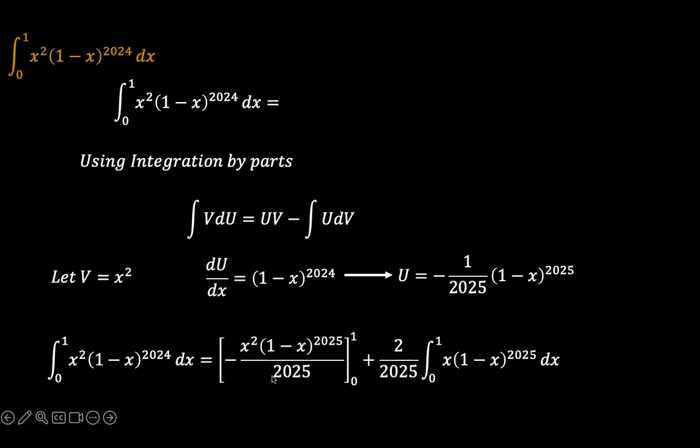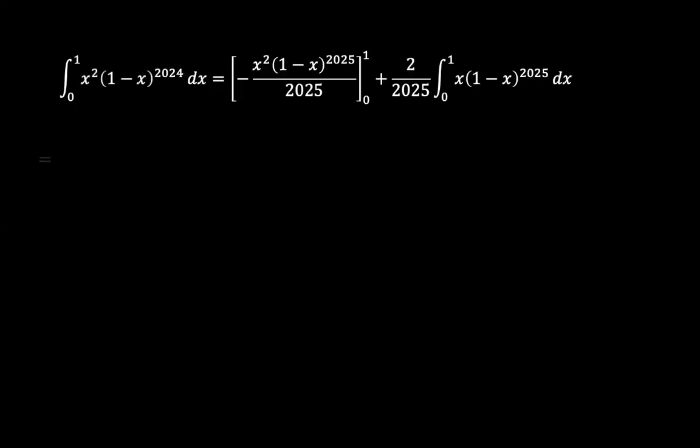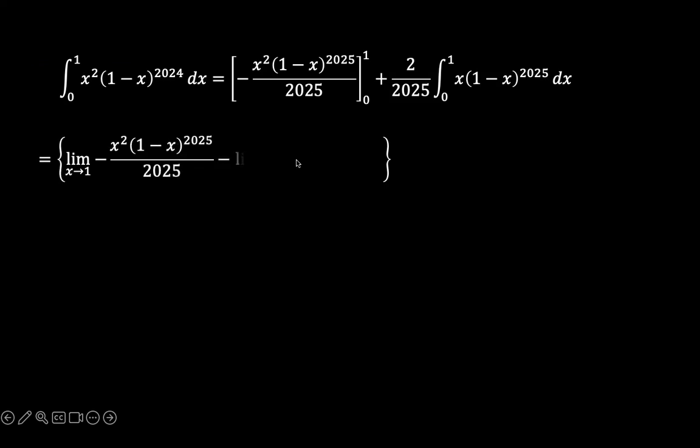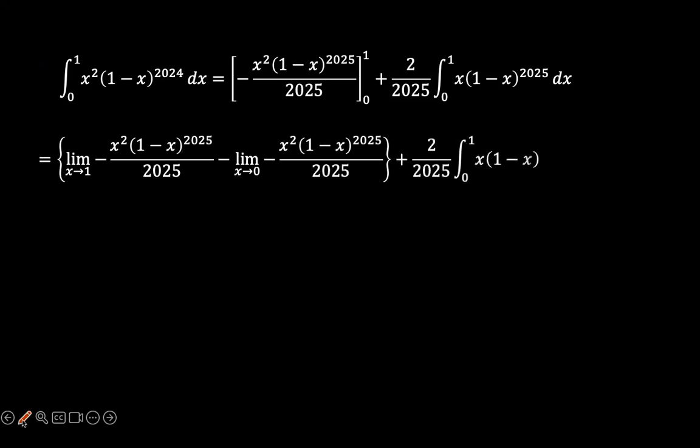Now, focusing on this uv part, this is the same as the limit of x tending to 1 of this minus the limit of x tending to 0 of this. Now, when x tends to 1, 1 minus 1 is 0, so this part goes to 0.